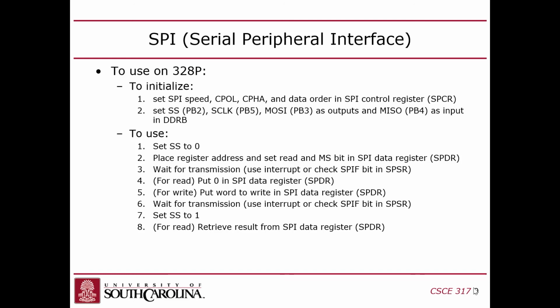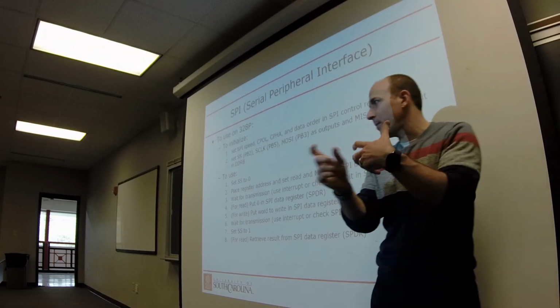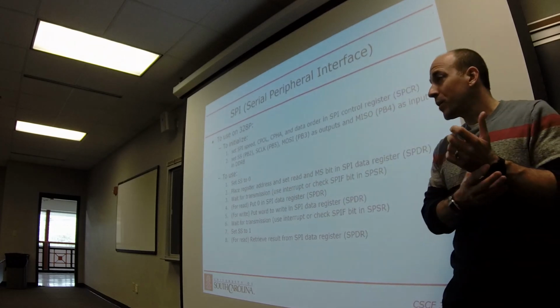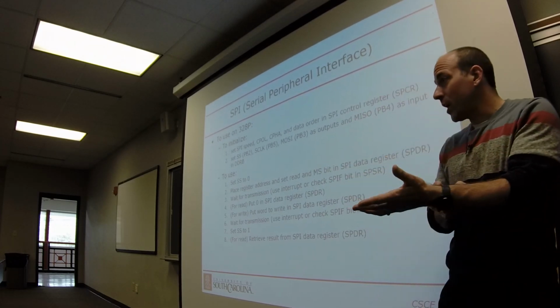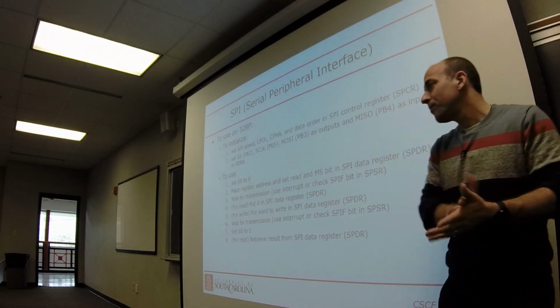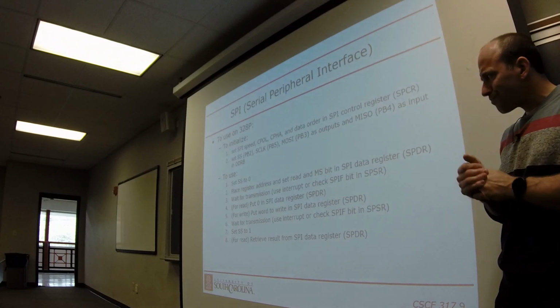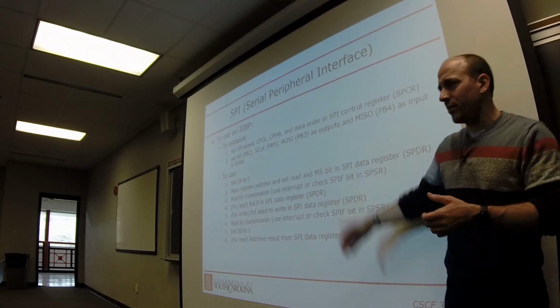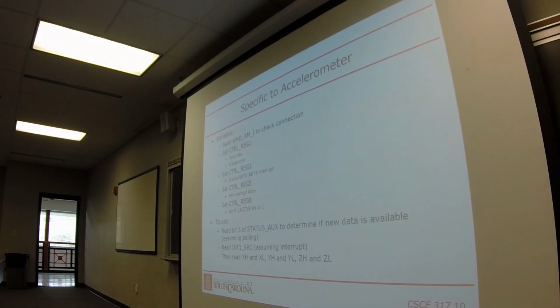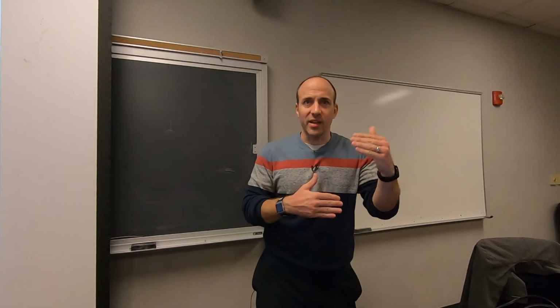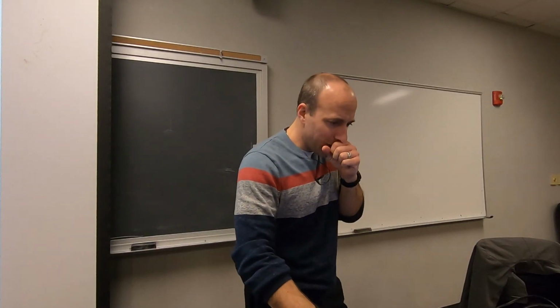You initialize this stuff, but then you want a read accel function or write accel, or you can have an access accel function and specify in the parameters whether you want to read or write. Or you could write a special one for reading the accelerometer, since that's going to be a burst potentially. So it's up to you how you want to set it up, but I think it's best to have a function for that, as opposed to just putting everything in main. Okay.